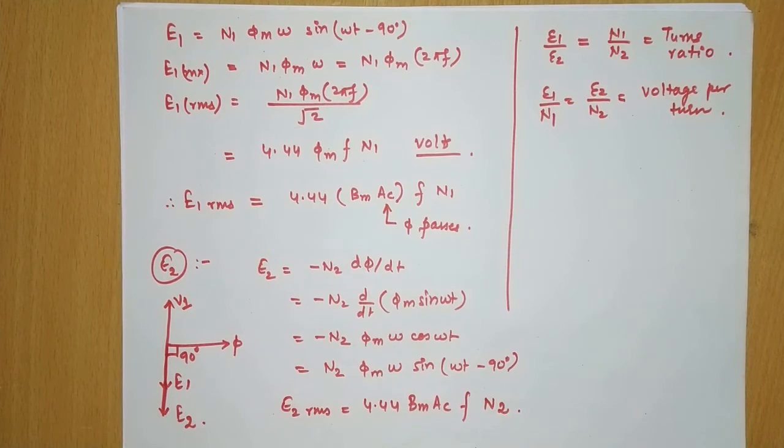Now, let me give the summary of what we saw just now. Frequency of induced EMF in both primary and the secondary winding is equal. Magnitude of the induced EMF for a given flux density is proportional to the number of turns. So, higher the voltage winding requires more number of turns and lower the voltage winding requires lesser number of turns.